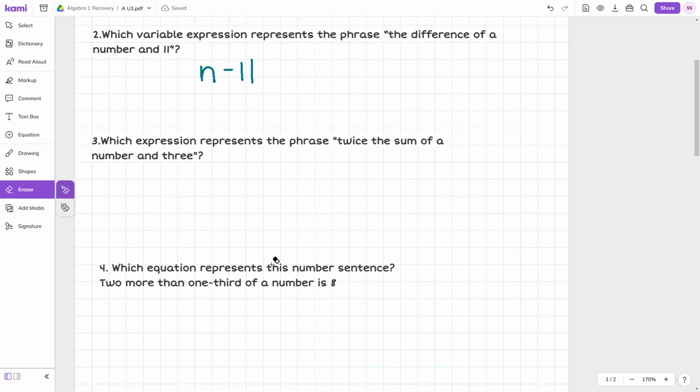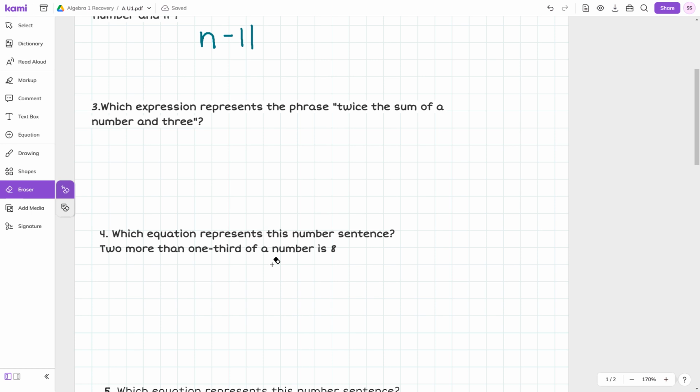Okay, the next one says, which expression represents the phrase twice the sum of a number and 3? So remember what I just said. Be pretty literal when writing these equations. So I'm going to write twice, which is 2, of course. The sum of a number is to add the number and 3.